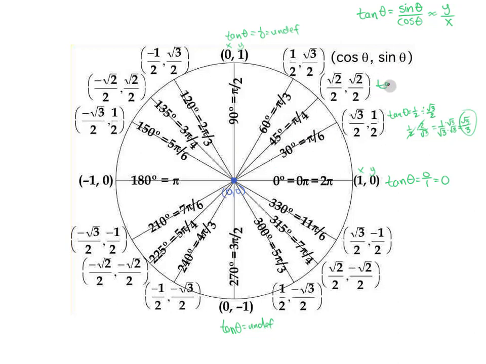Tangent of 45 degrees is actually pretty easy. Anything divided by itself is going to equal 1. Tangent of 45 degrees is exactly 1. And if you do similar to what we did with 30 degrees, for 60 degrees we end up with just root 3. It's not divided by 3 there. So here are the tangent values in the first quadrant, and we could copy them to the rest of the unit circle as well.